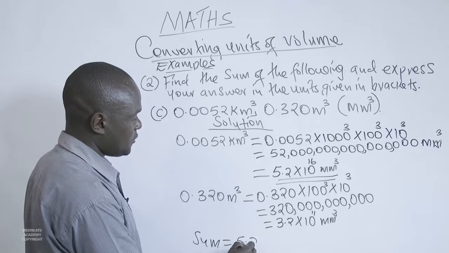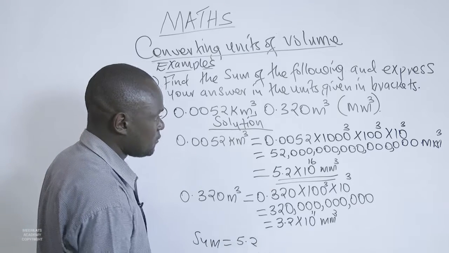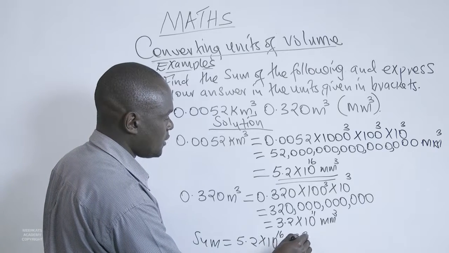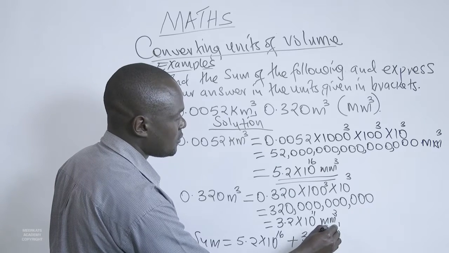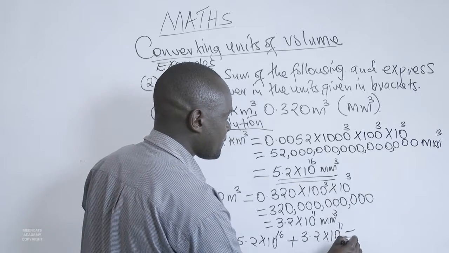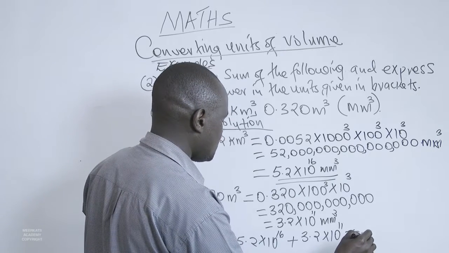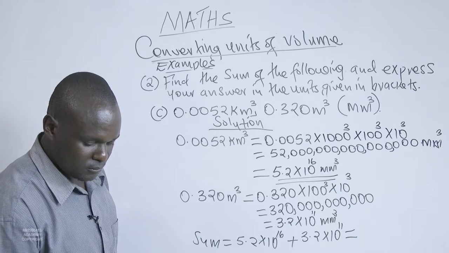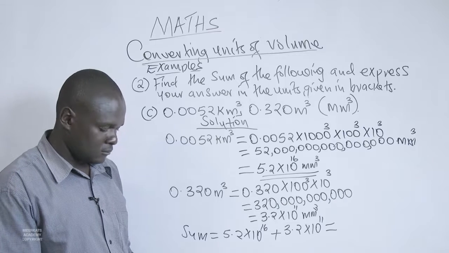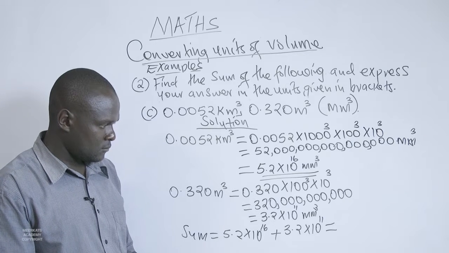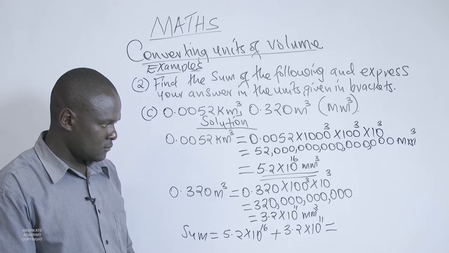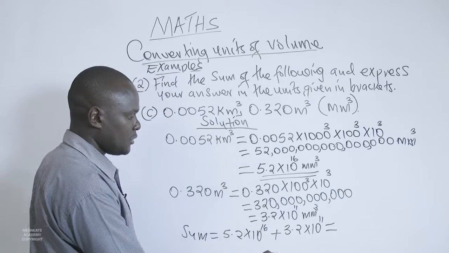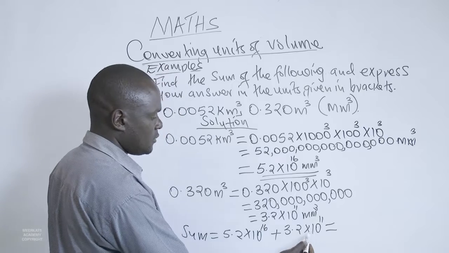This is 5.2 plus 3.2 multiplied by 10 raised to power 11. And this will give us, when we do that, to perform this addition in a simpler way, we can factor out.